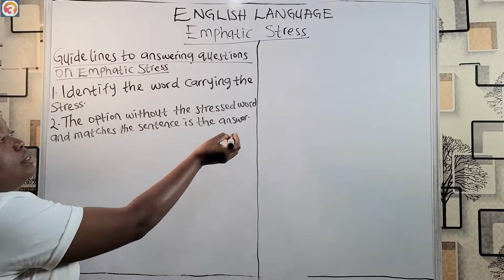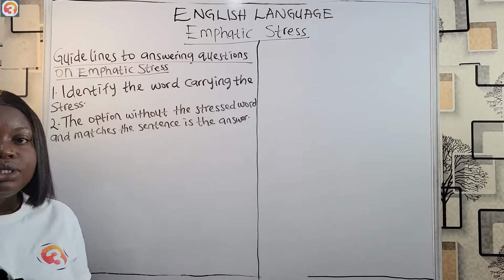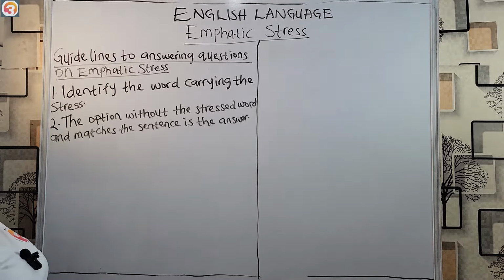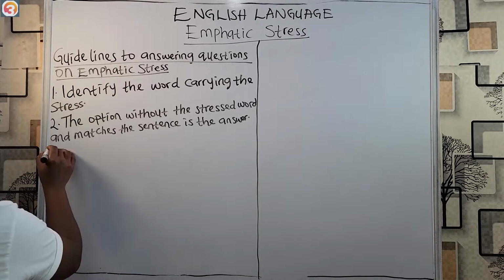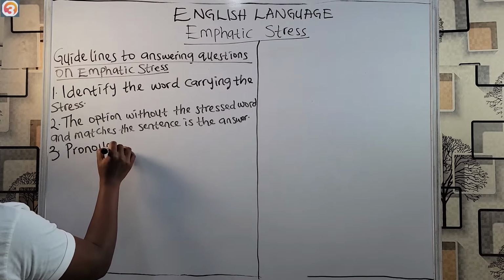Now, generally, this is where we stop. That's it. Once you identify the stressed word, you look for the option without the stressed word, but there are still other things that we might need to consider. For example, pronouns can be used in place of nouns.